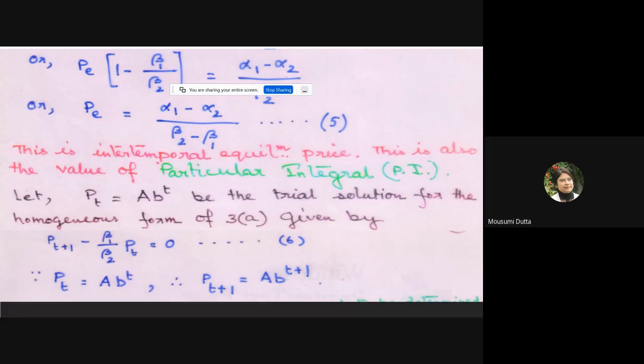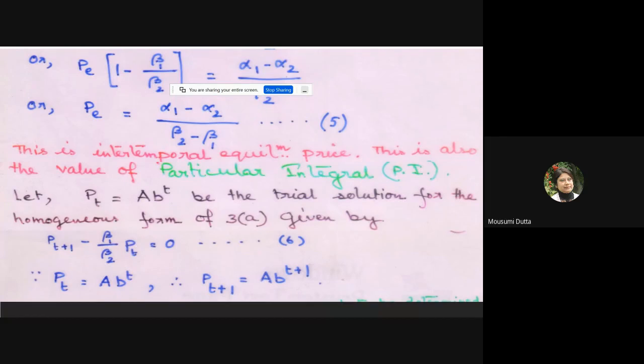Okay, so one part is complete, because when you need to find the time path Pt, you need to derive CF and PI. So PI is now in your hand. Next you have to find the complementary function part. To get it, we consider a trial solution for the homogeneous form.